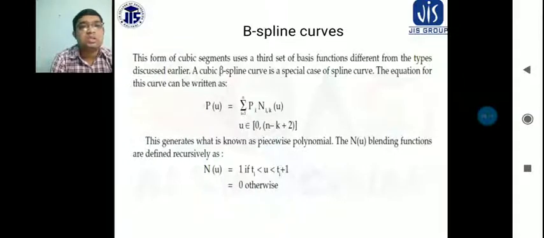This generates what is known as a piecewise polynomial, where the u value depends on these bounds.